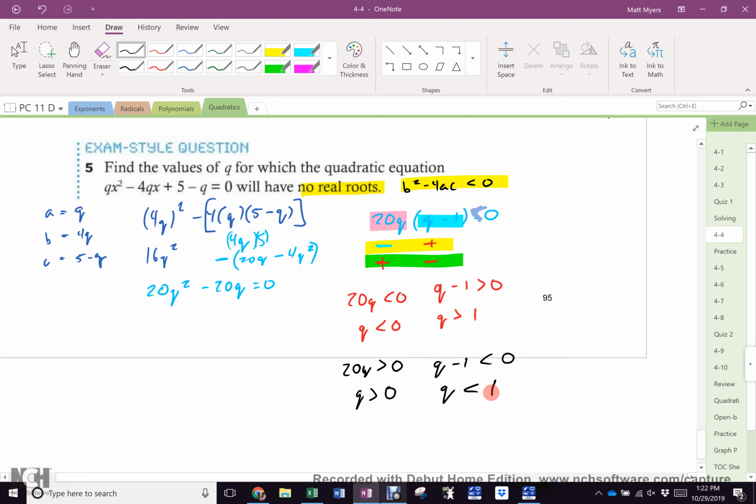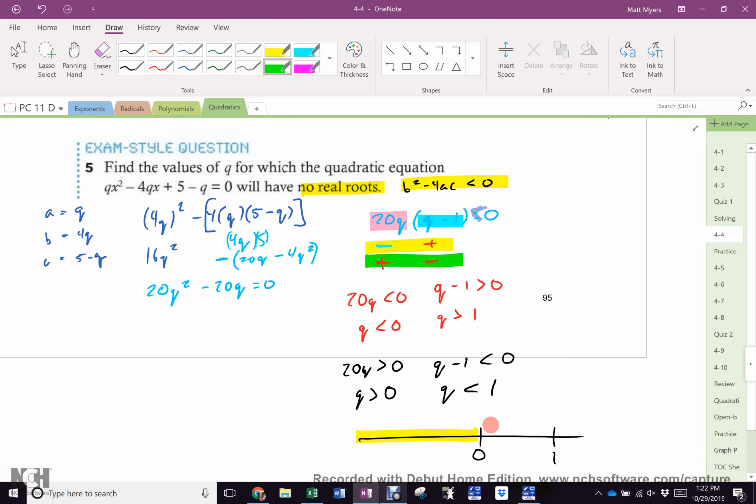Does everybody follow? Now, to cover all our bases, 0 and 1 are the important numbers, yeah? So let's check our number line. 0 and 1, yeah? So we split it into our 3.